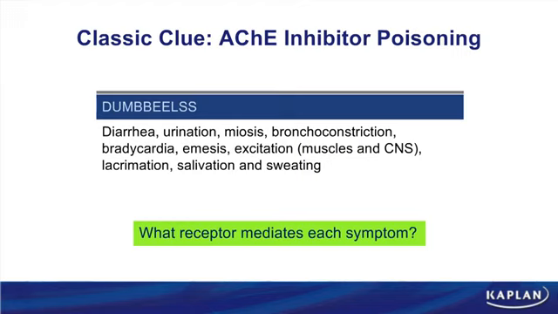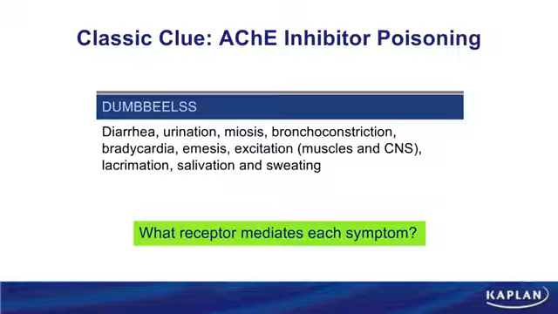Salivation, that's overstimulation of M3 receptors. And sweating. Sweating is also caused by muscarinic receptors, and those receptors are M3s. Isn't it true that most of DUMBBELS is M3 mediated? Exceptions up to this point have been bradycardia, that's M2, and emesis, M1.